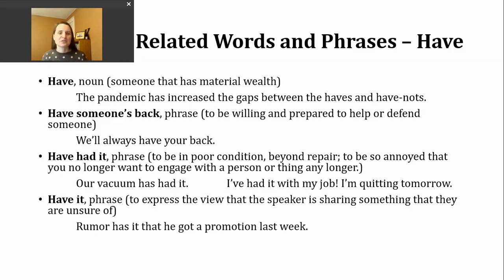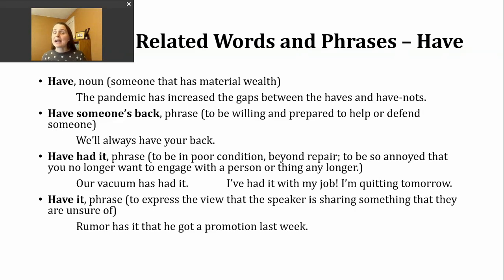And you'll see that in my example sentence in just a second. But if you have someone's back, you are willing and prepared to help them or maybe even defend them. Here's an example. We'll always have your back. So we are always prepared and willing to help.